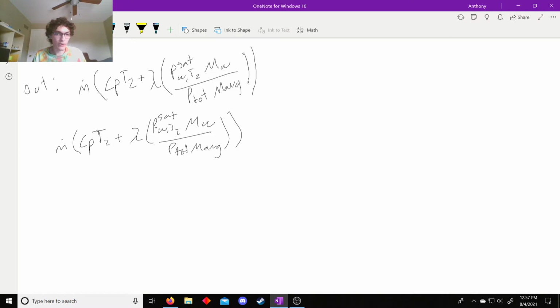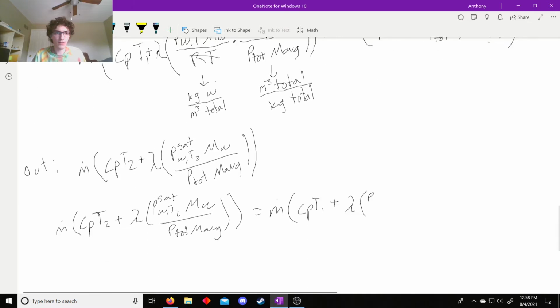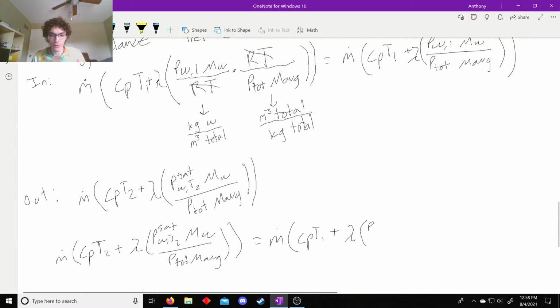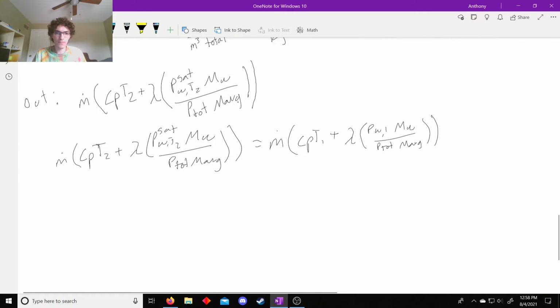So the enthalpy out is equal to the enthalpy in. And that would be partial pressure of water at 1 times molecular weight divided by total times the average molecular weight. Okay.